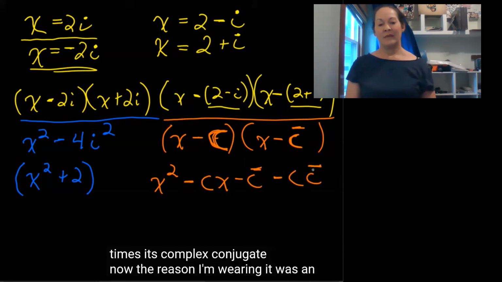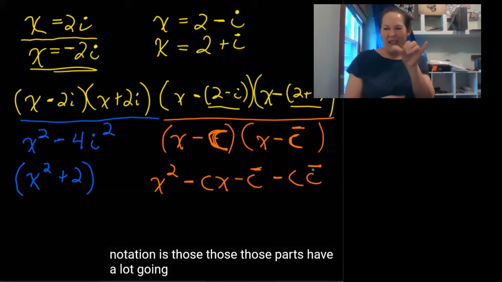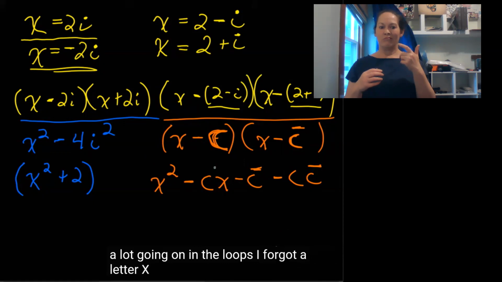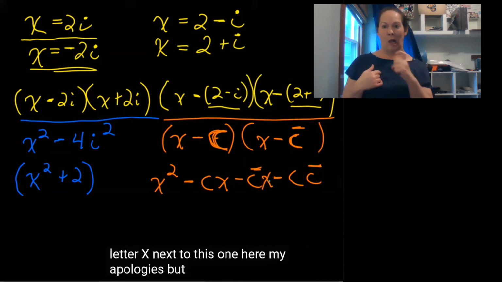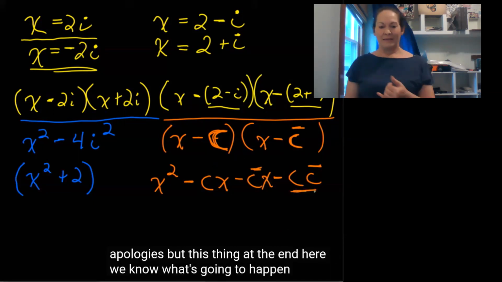Now the reason I'm writing those in notation is those parts have a lot going on in them. Oops, I forgot a letter x next to this one here. My apologies. But this thing at the end here, we know what's going to happen.